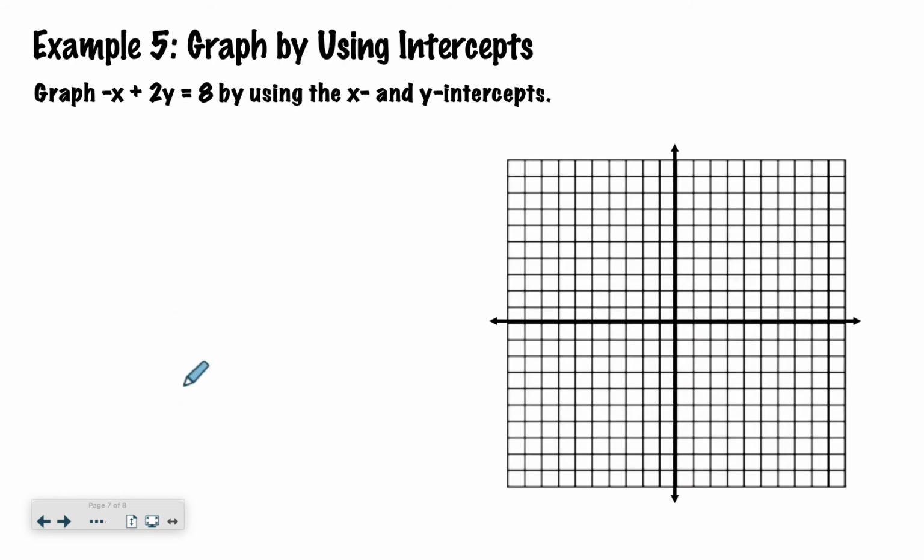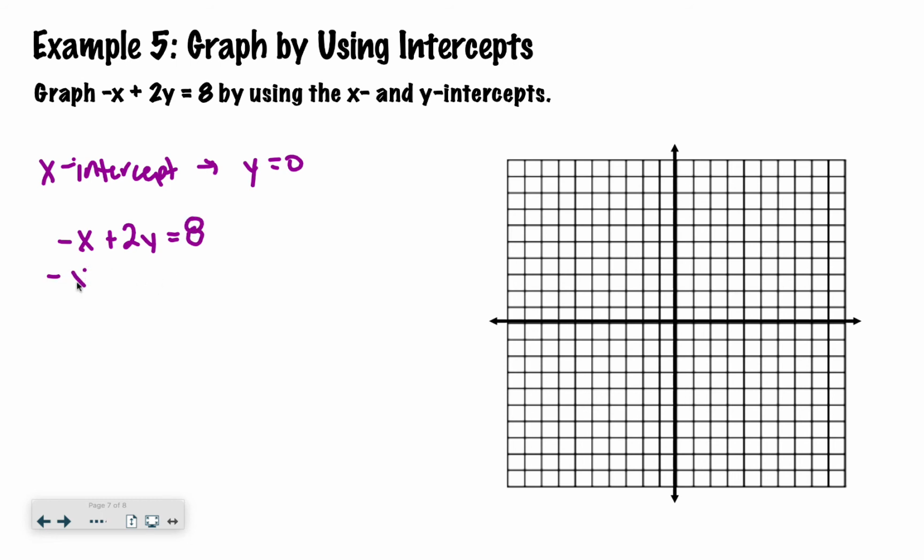So if we're trying to graph by using the x and y intercepts, we said x-intercept is when y equals 0. So we would take this equation, -x + 2y = 8.